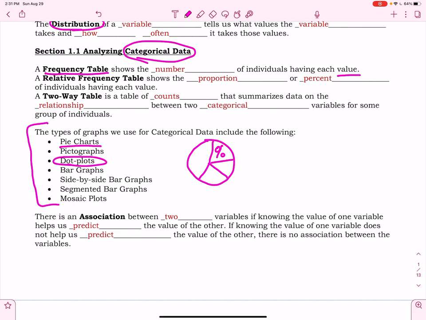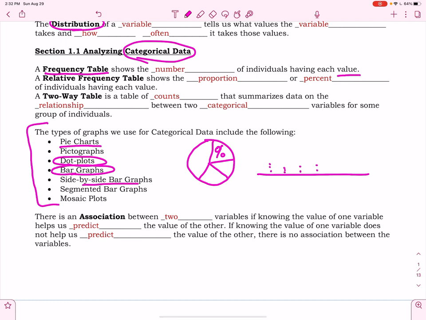Pictographs are just little pictures. Sometimes those can be misleading if they're not drawn to scale to represent what they're supposed to represent. Dot plots, of course, as the name would imply, show however many you have at each value. Those are pretty easy. Bar graphs, they're really, really easy.